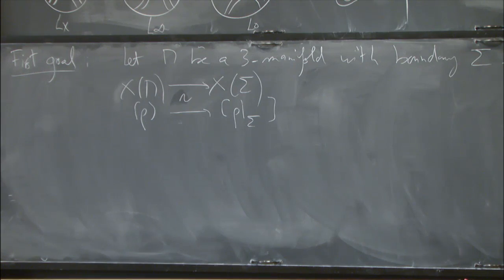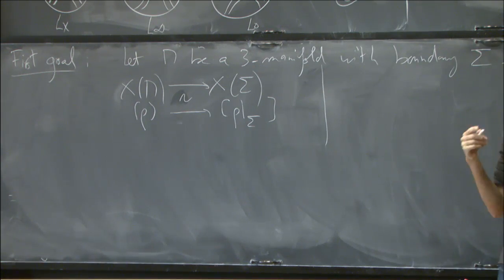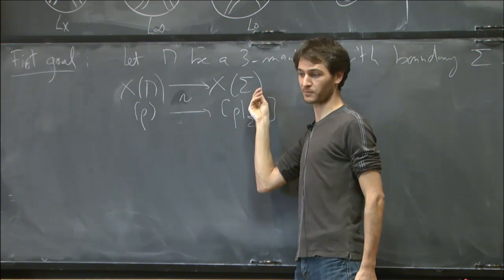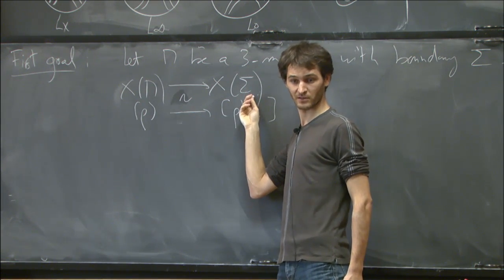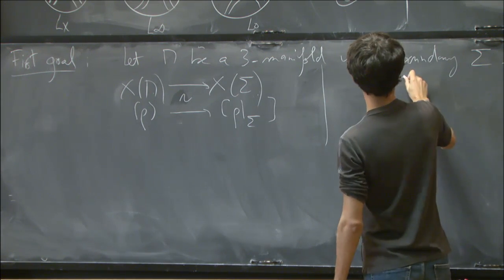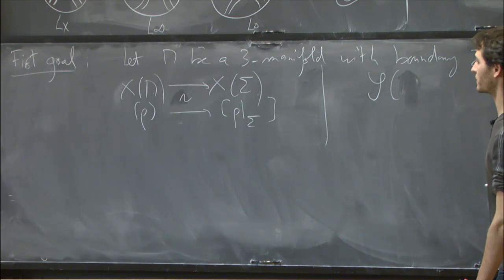But first I would like to explain what this map is and why it is an algebraic map, for instance. But with my definition of skein module, it's completely obvious. Because just look at the dual picture. To define a regular map from this affine space to this affine space is to define an algebra map from this algebra to this algebra. But here I have sigma, so let me use another notation.